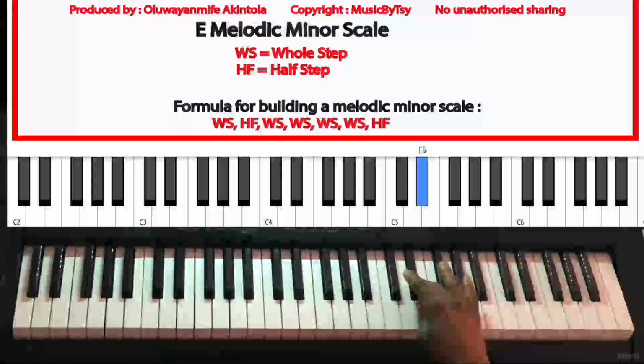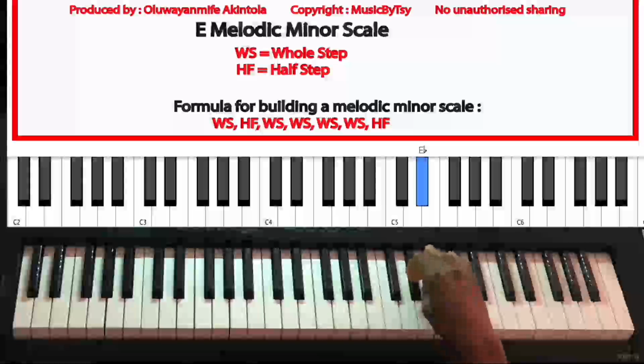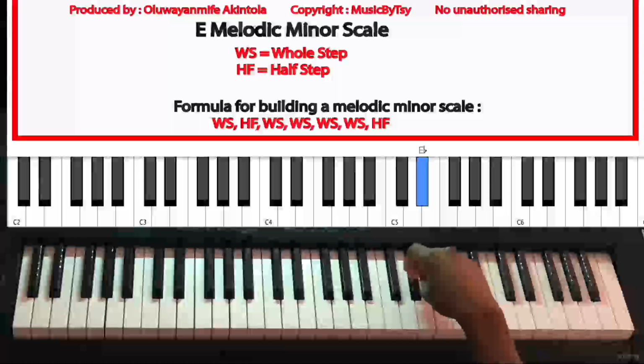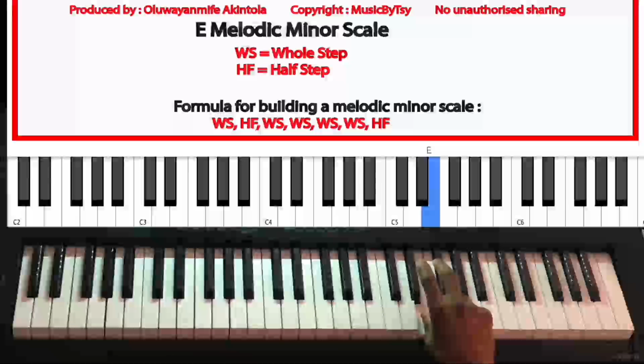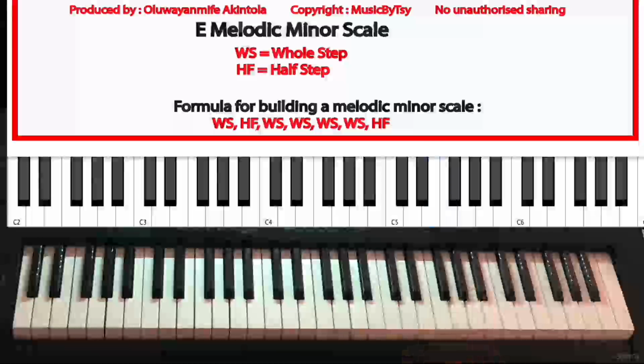So the 7th note of the E natural minor scale is going to be increased by a half step, which means the 7th note is now going to be the key of E flat and not the key of D. And then we're going to finish at the key of E. See that? So that is the E melodic minor scale.